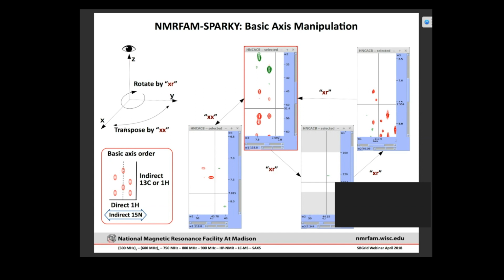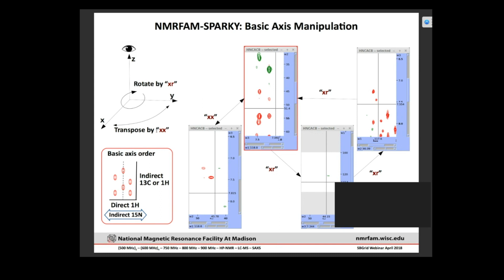So if you have, let's say, a 2D HSQC, the horizontal axis is H and the vertical axis is usually nitrogen. Depending on how you collected and processed the data, sometimes you will see nitrogen as the horizontal dimension and proton as the vertical dimension. In that case, you want to change it with the two-letter code XX.